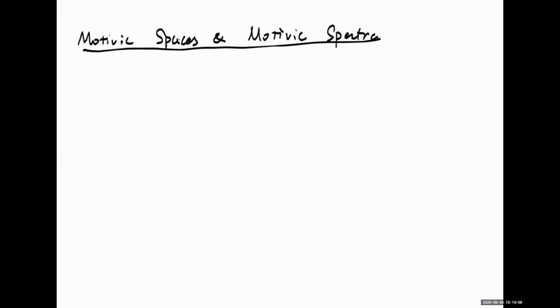So there should be some new framework developed so that homotopy theory could be used in algebraic geometry. And one of the main things is called motivic spaces, developed by Voevodsky.